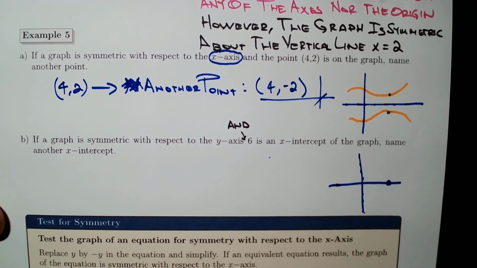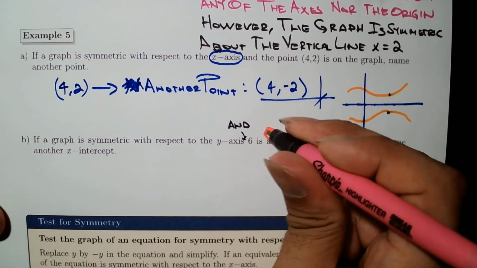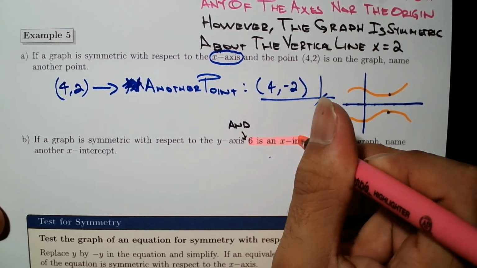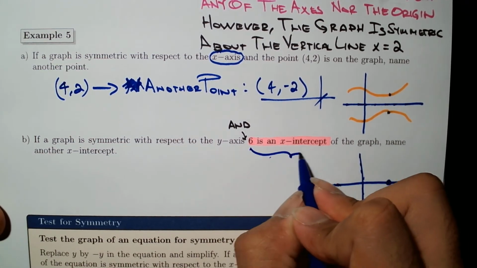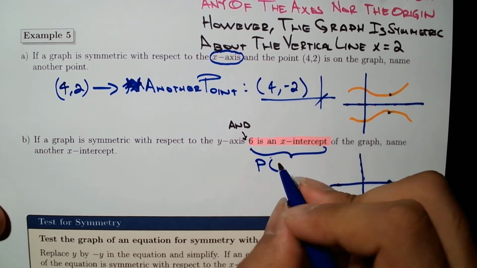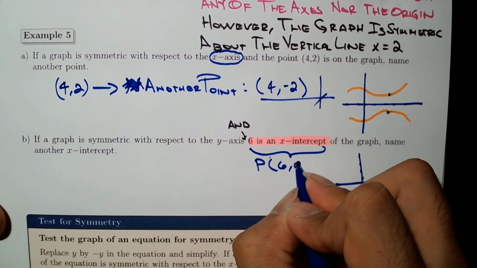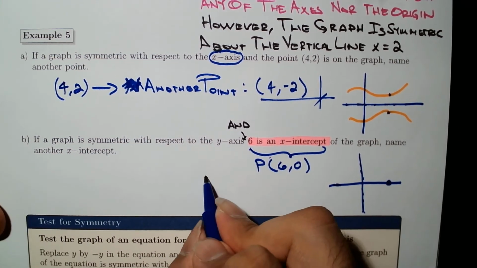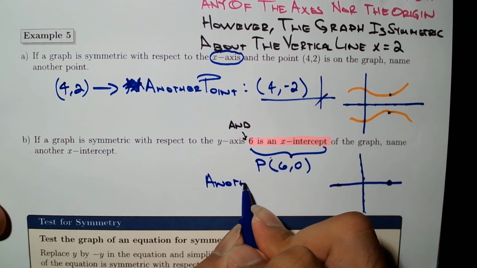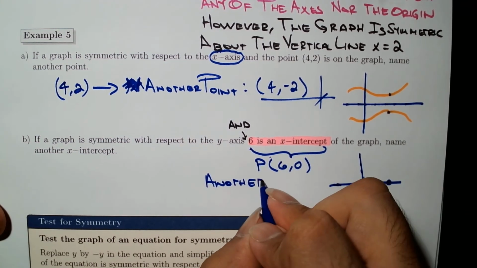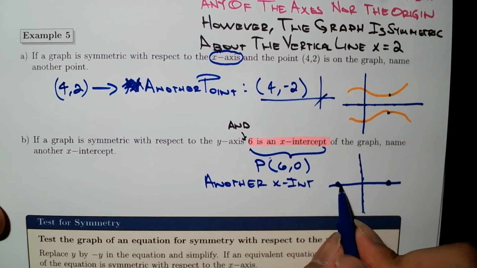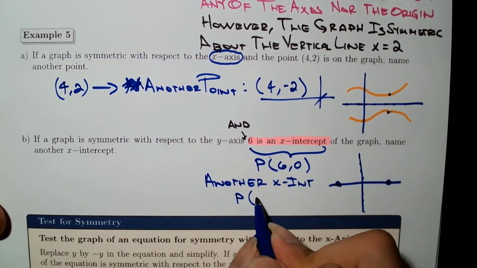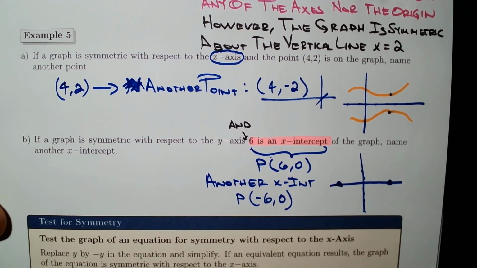Expressed as an ordered pair, 6 means the point P equals (6, 0). So another x-intercept will be this one right here, (-6, 0).